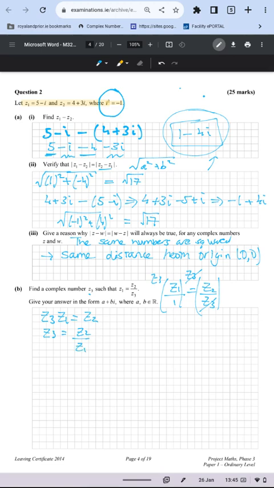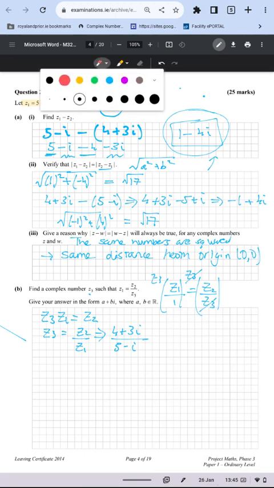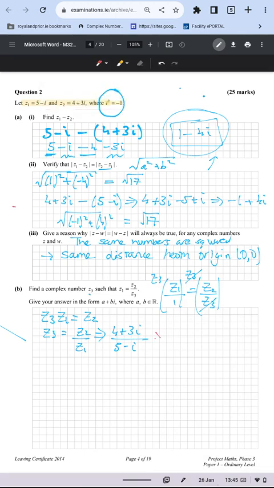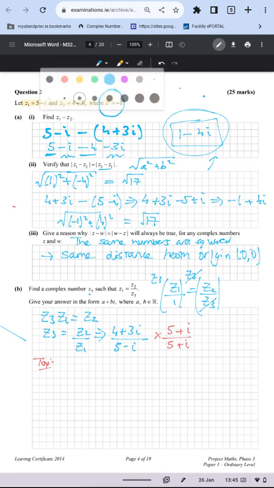So we're always going to be asked the modulus and division. Sub in your numbers. So for Z2, it's 4 plus 3a. And for Z1 there, it's 5 minus a. And when you're doing division, you multiply top and bottom by the conjugate of the bottom. So multiplying top and bottom by 5 plus a. So work out your top. So you've got 4 plus 3a times 5 plus a.